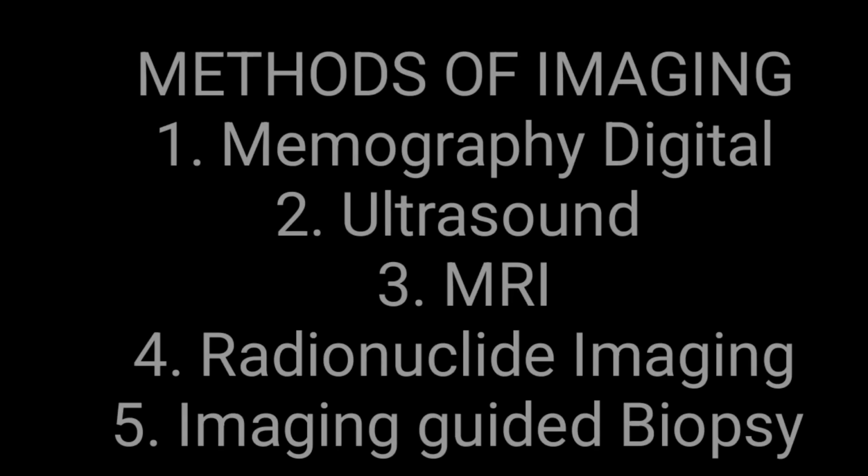Next comes the MRI, or magnetic resonance imaging. The role of MRI with respect to breast abnormalities cannot be denied, because after mammography the important role of the MRI cannot be ignored.